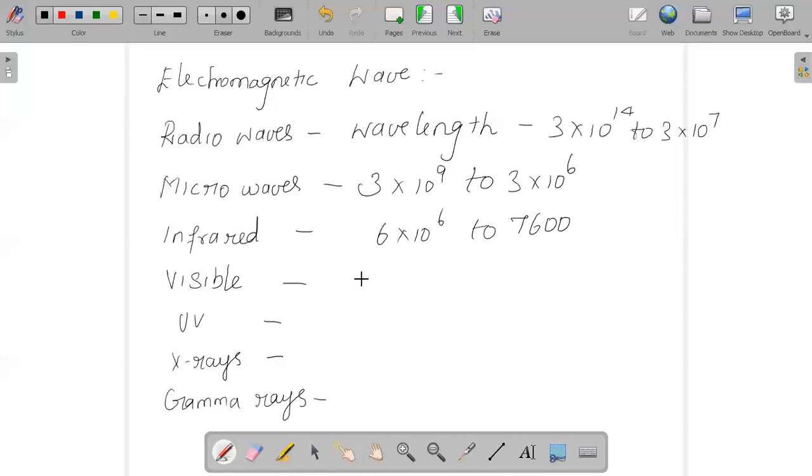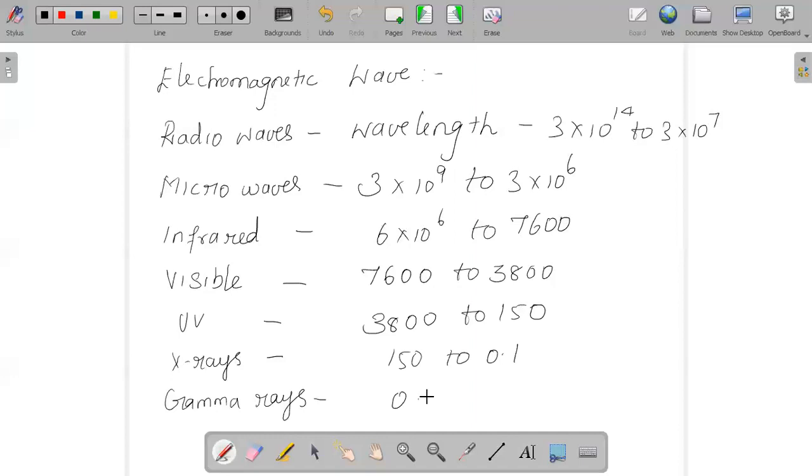It's more important to know at least your visible rays, ultraviolet rays and gamma rays. X-rays is between 150 to 0.1. Gamma rays, it is 0.1 to 0.01.